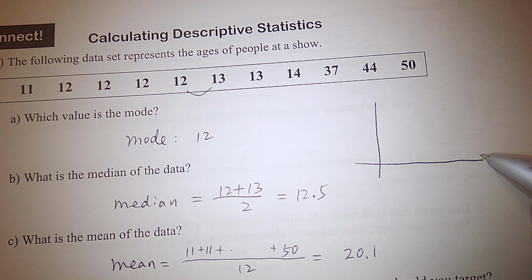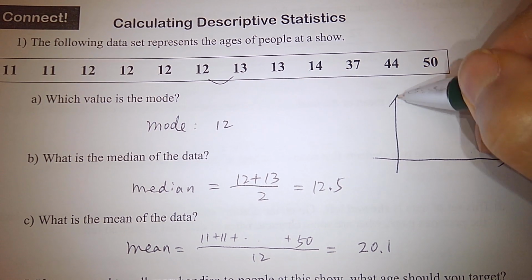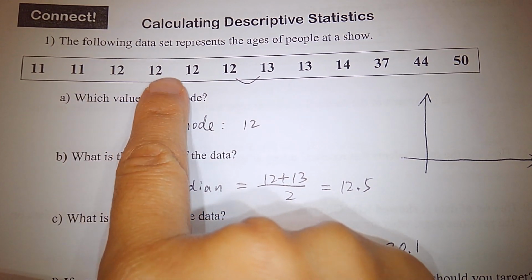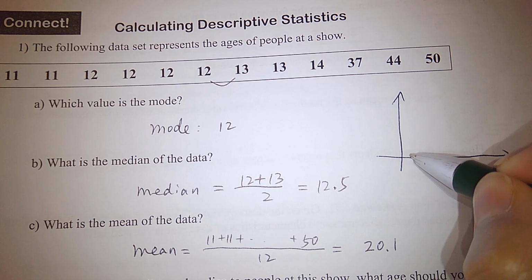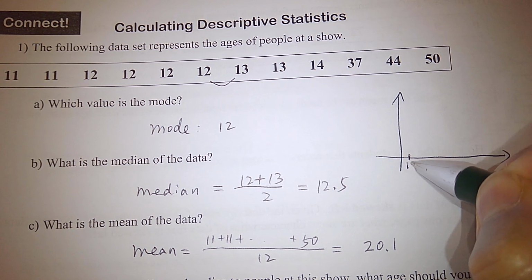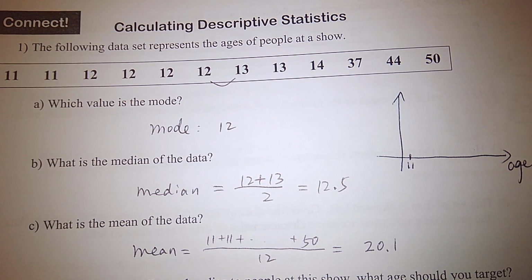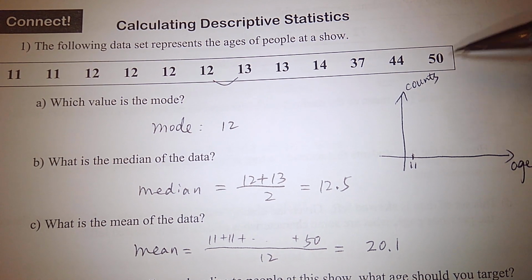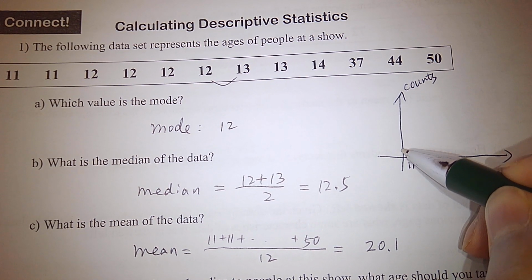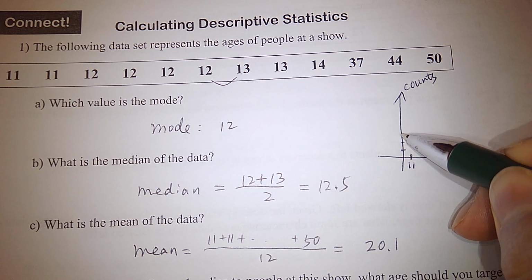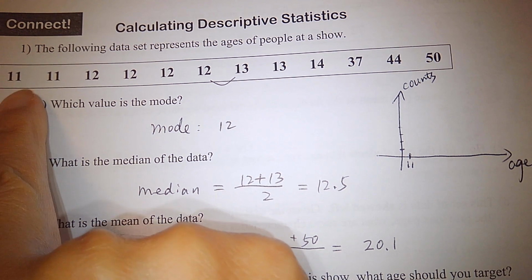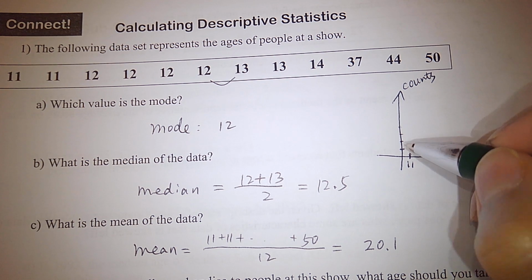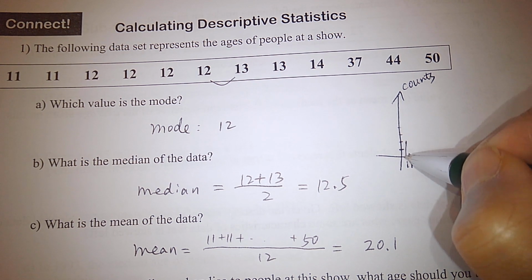If I'm going to draw pictures about this list of data we just talked about, 11 years old, 12 years old, 13 years old. For example, this is 11 years old. This is age. This is counts. For 11 years old, say this is 1 person, 2 people, 3 people, 5 people, guys. How many counts for 11 years old? Can you tell? 2 of them.